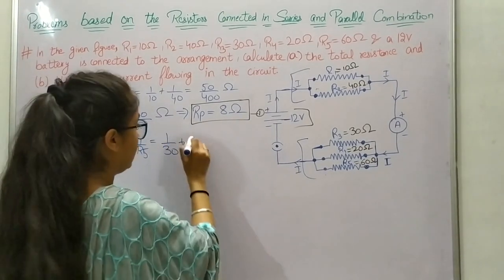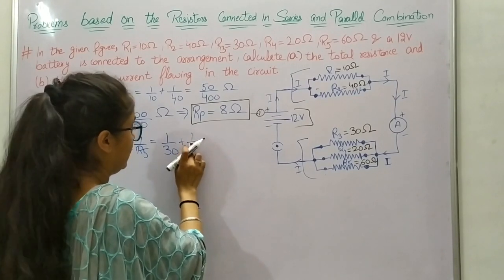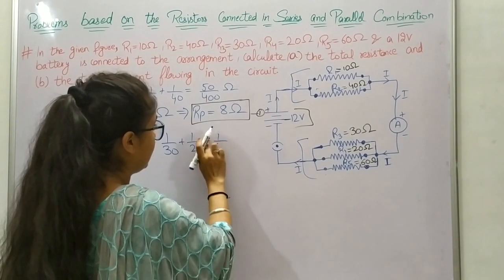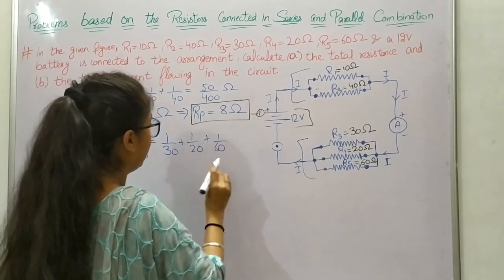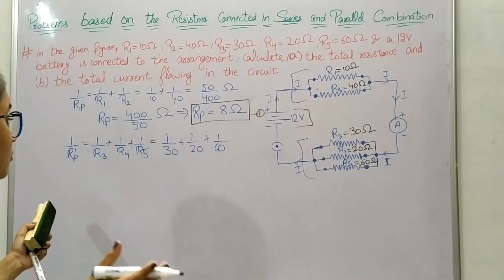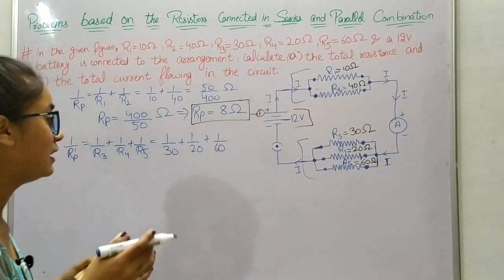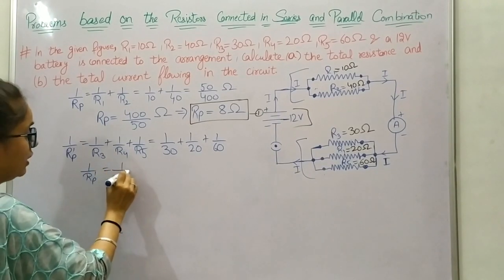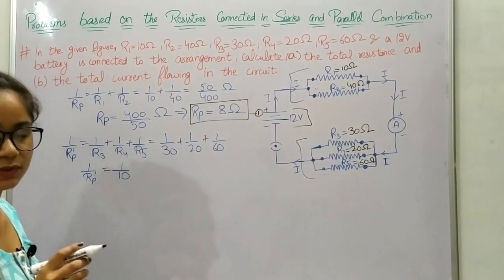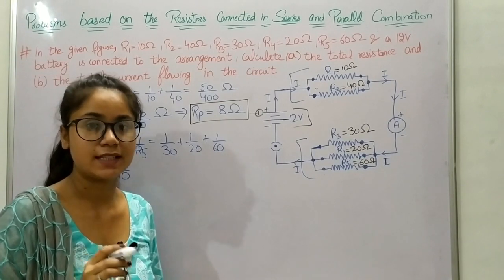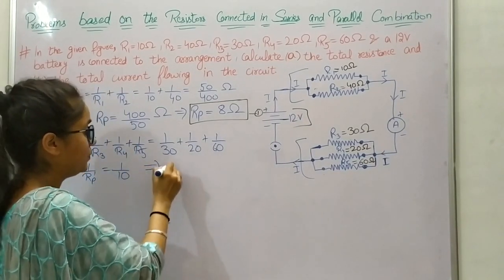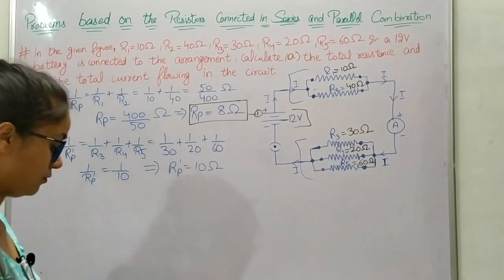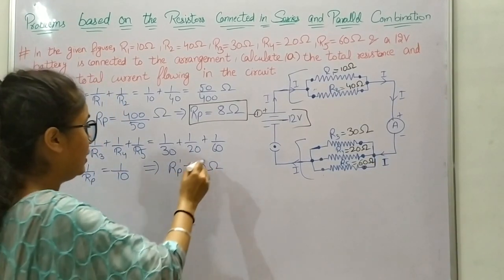R4 is 20, it would be 1 over 20. And R5 is 60, it would be 1 over 60. When we calculate it mathematically, it comes out to 1 over 10. But we have to find the value of Rp dash, so it would be 10 ohm.